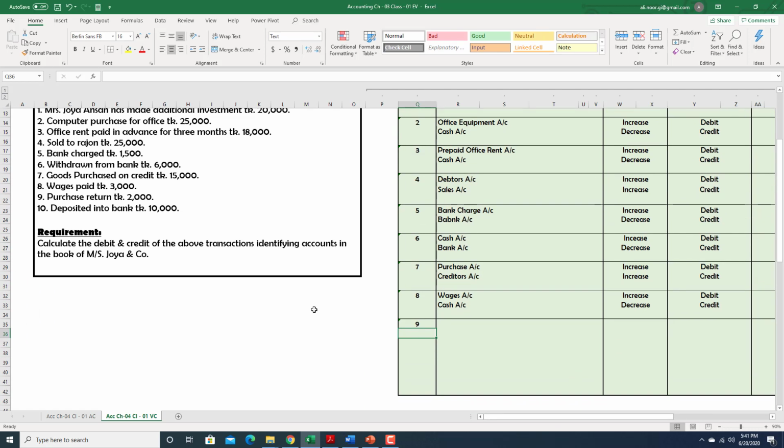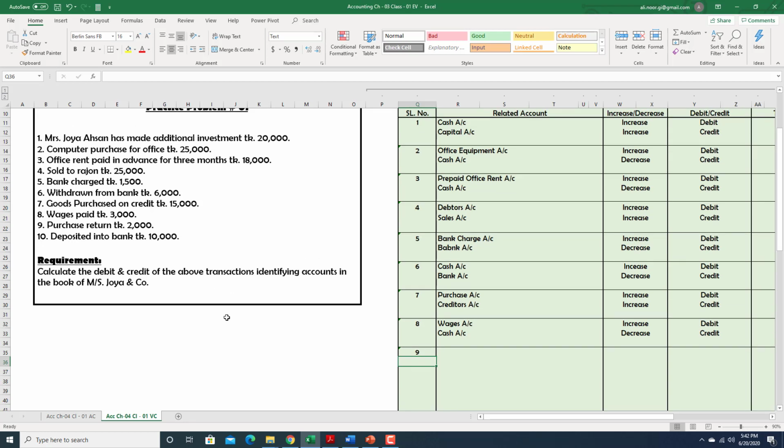Purchase return taka 2,000. That means you returned goods that were purchased earlier. You can say in number 7 transaction, goods purchased on credit taka 15,000. Now in number 9 you are returning some of them, and it is worth taka 2,000.